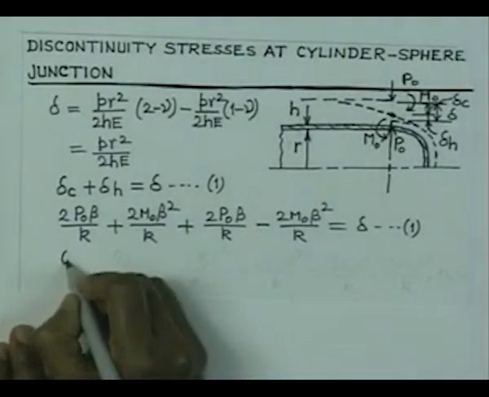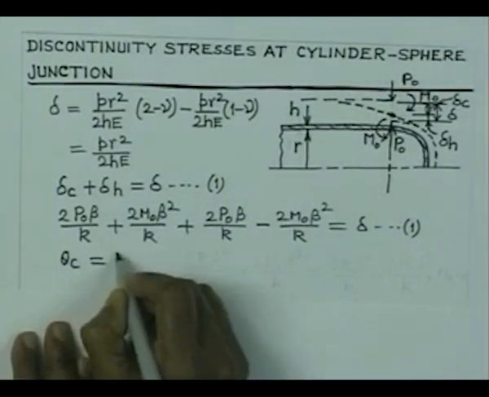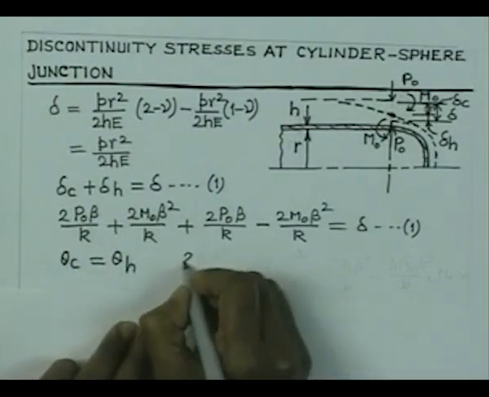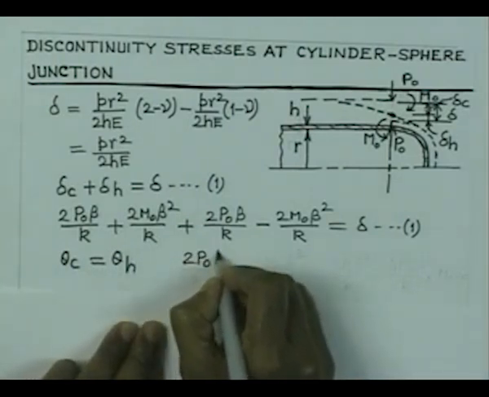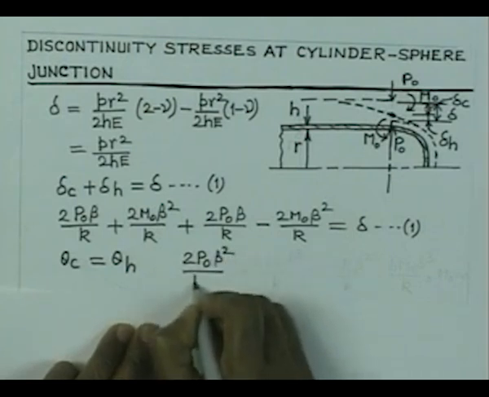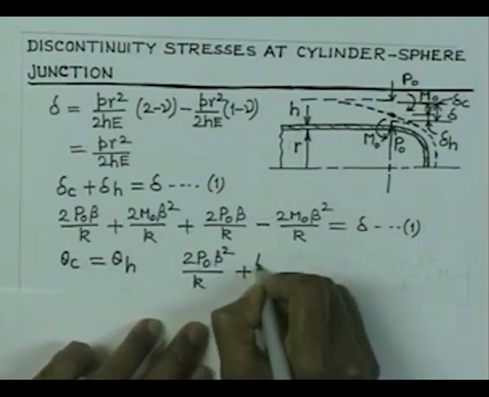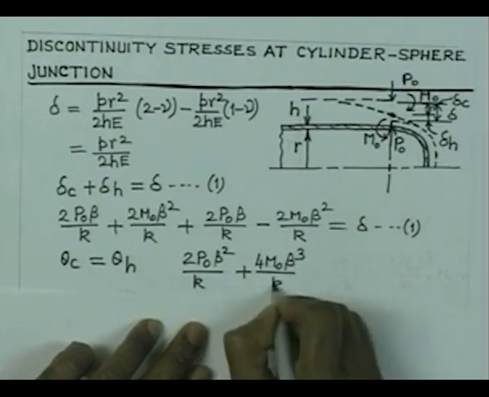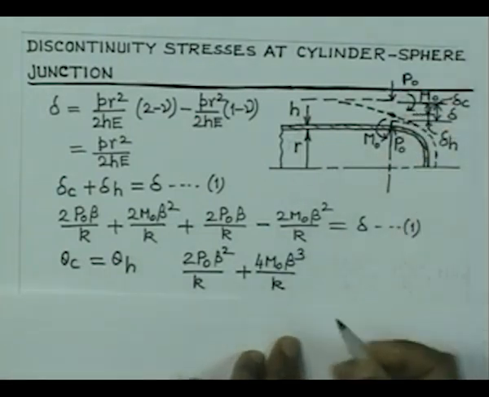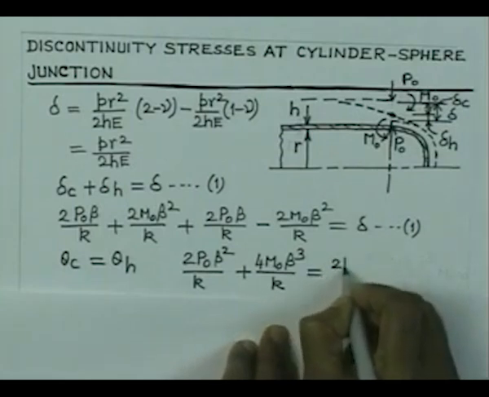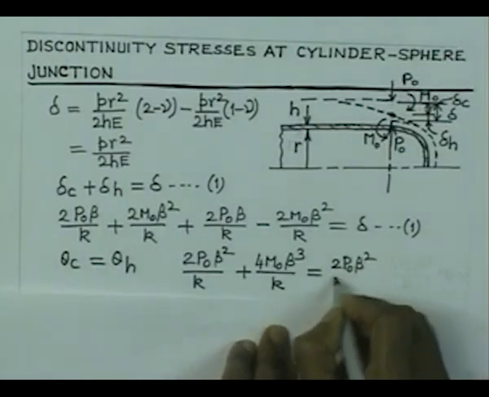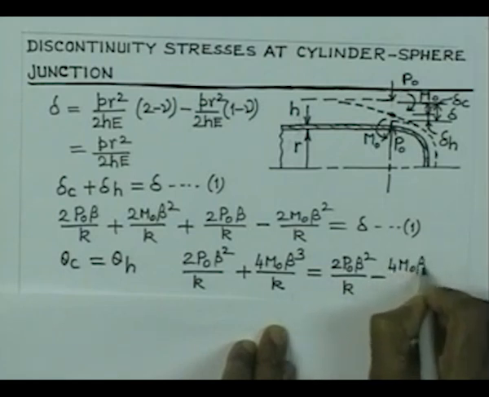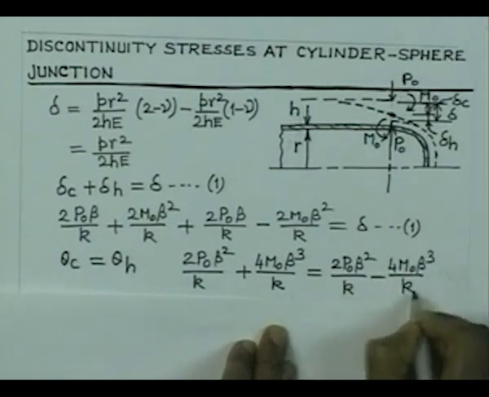the slope continuity, we will have theta c is equal to theta h, and if we now try to write the value, it is P0 beta square by k plus 4 M0 beta cube by k. Again, these two actions are additive, and that is equal to twice P0 beta square by k minus 4 M0 beta cube by k.